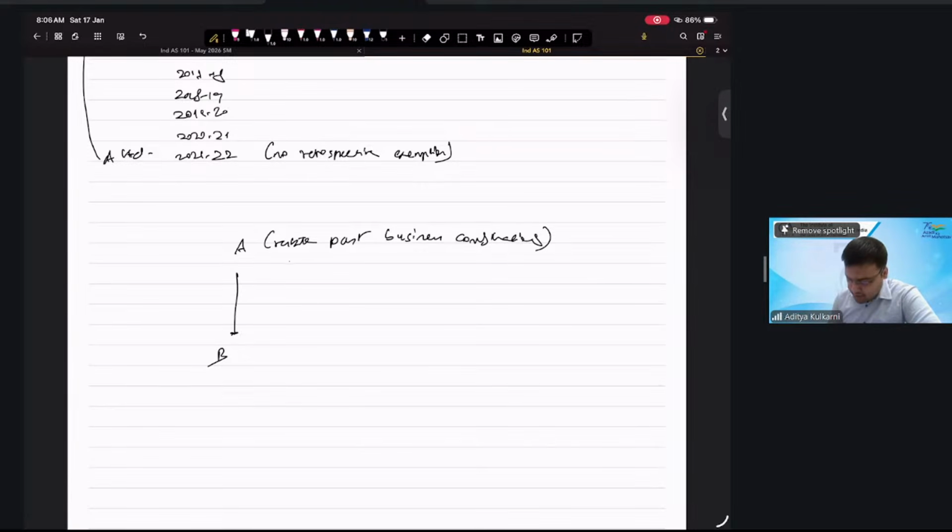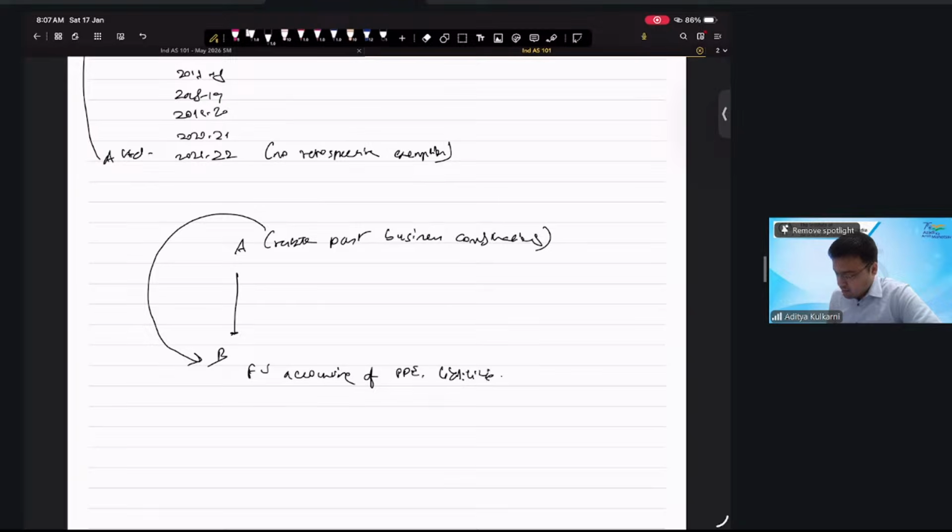And because of this, what will be the fallout? Fair value accounting of property, plant, equipment. Fair value accounting of property, plant, equipment. Liabilities. Purchase consideration. Goodwill. Are you able to follow?